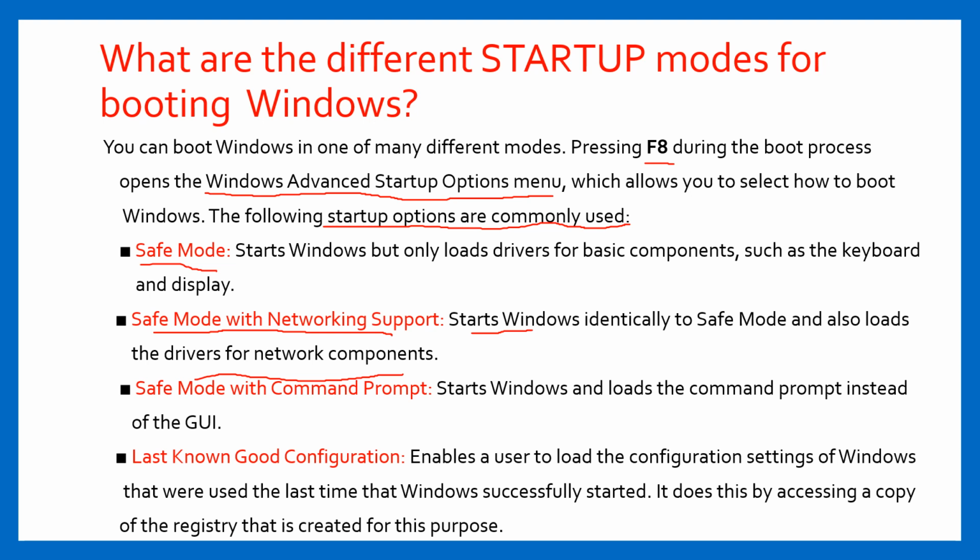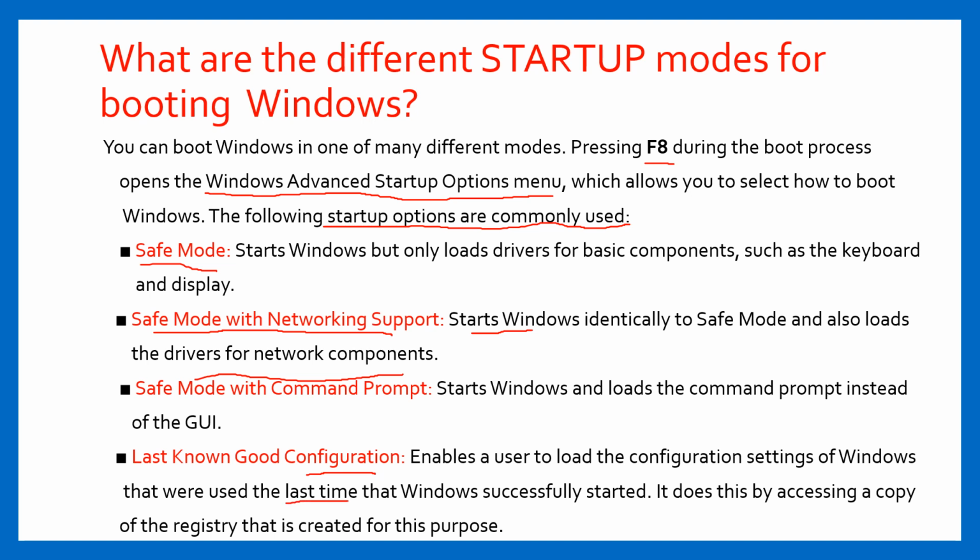Coming to safe mode with command prompt, it starts Windows and loads the command prompt instead of the GUI. Last known good configuration is also another option. Over here, it enables a user to load the configuration settings of Windows that were used the last time.